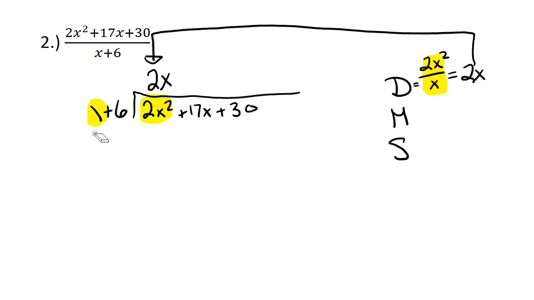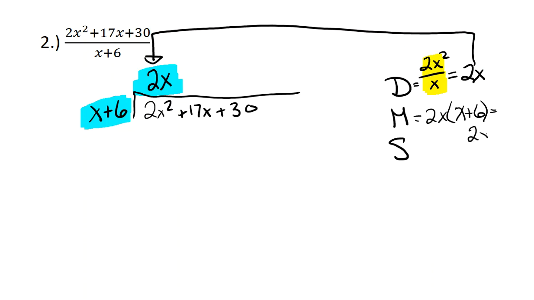Once we're done with the division step, what you're going to do is you're going to do multiplication. You're going to take the number on top, multiply it by the entire divisor. That's a little bit different than the division step, so note that. 2x times the quantity x plus 6 equals 2x squared plus 12x.